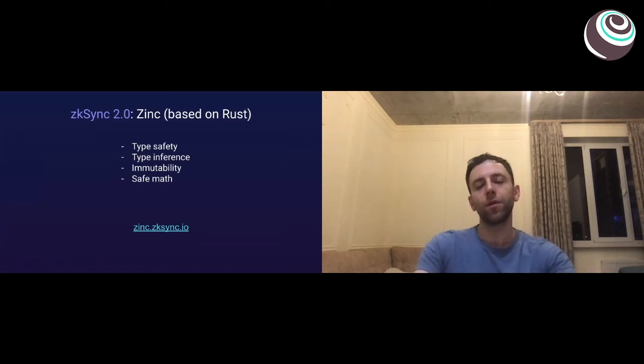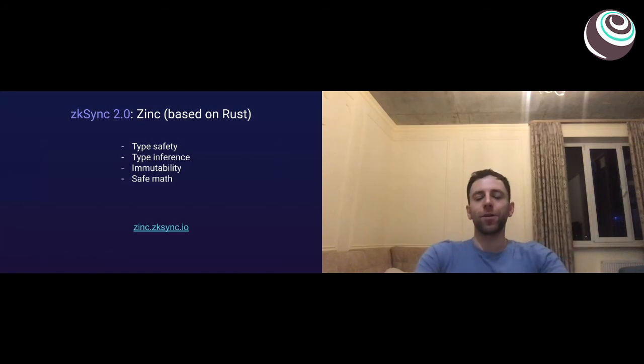So if you tried Rust before and you didn't like it, don't worry, we stripped all the features which normally make people hate Rust. So it's not going to be complicated. It can be learned within a couple of days by Solidity developers.